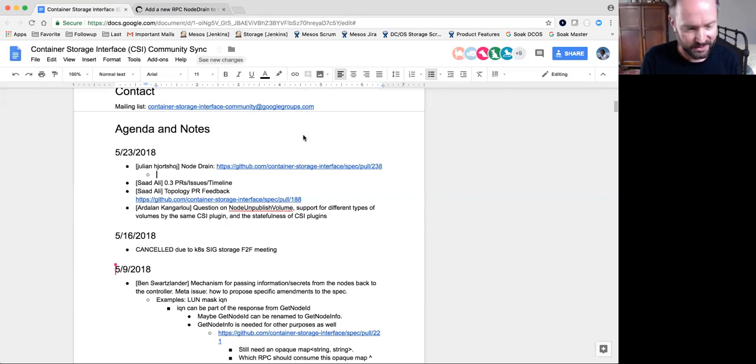So what Saad is saying is that in Kubernetes, and correct me if I'm wrong, Saad, on the node the plugin is just another container running amongst a whole bunch of containers. So the plugin and the workloads are all just peers, right?